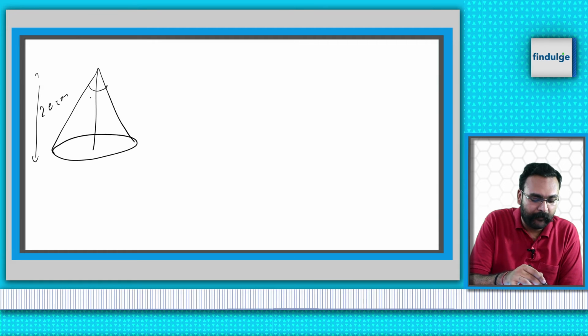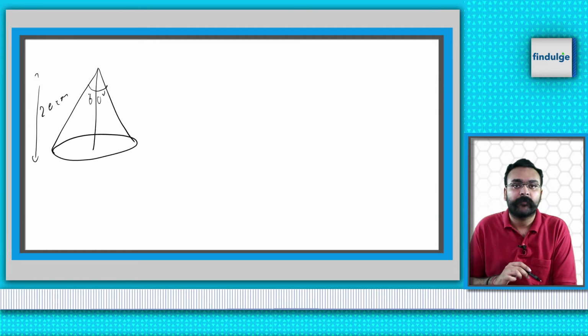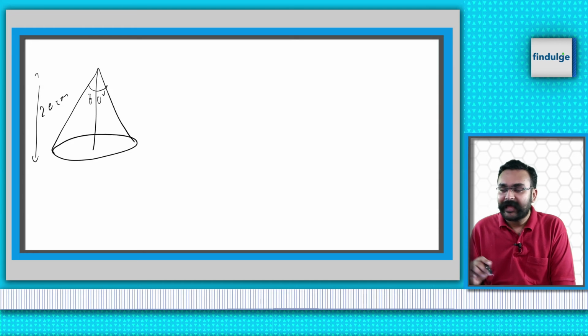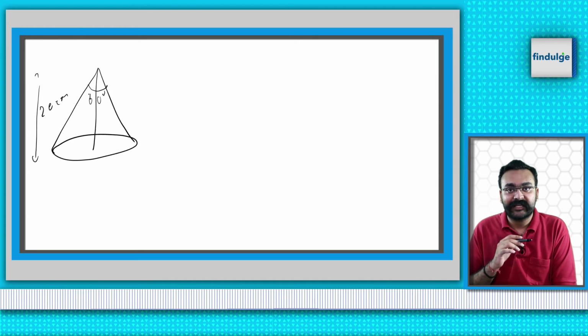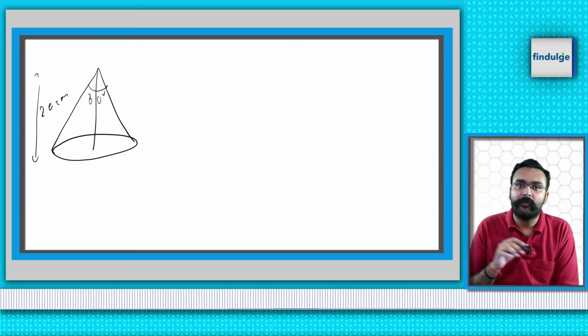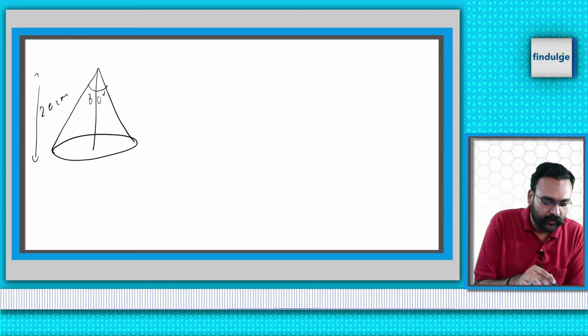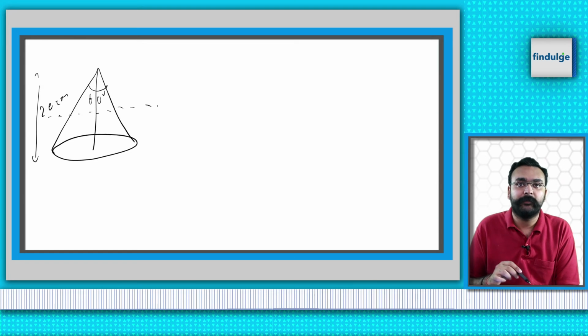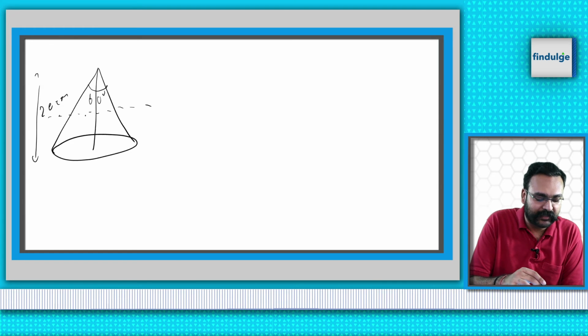This entire upper angle is known as your vertical angle. We are told that this cone is cut at the middle of its height to form a frustum. So in other words, we cut the cone like this along the middle of the height, meaning that this is nothing but 10 centimeters.